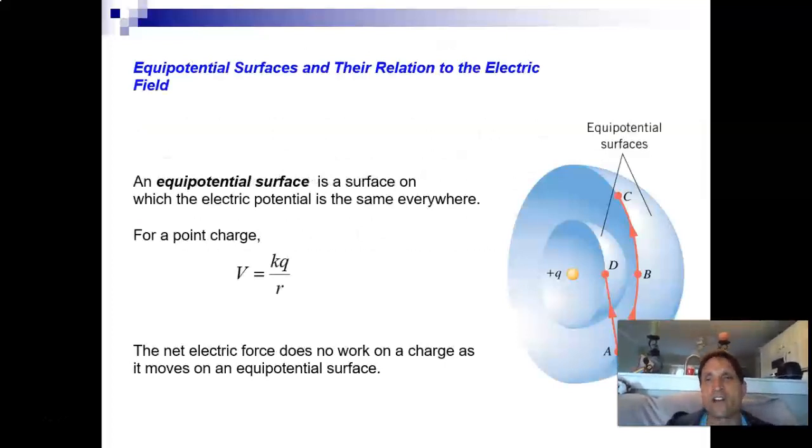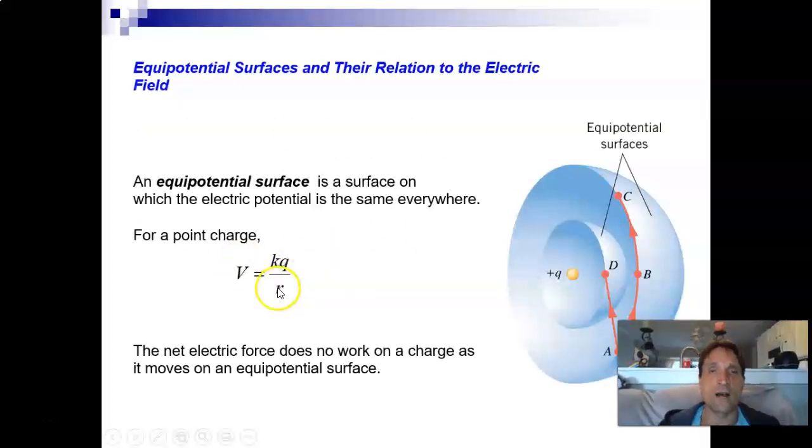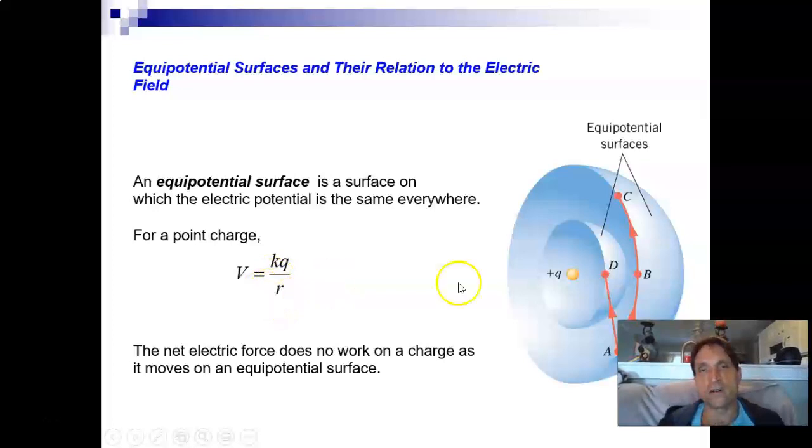So here's an example for a point charge. Remember the potential we derived relative to infinity. Remember the potential at r equals infinity is 0. And so if you have a charge plus q, the potential due to the point charge is a constant times q over r.